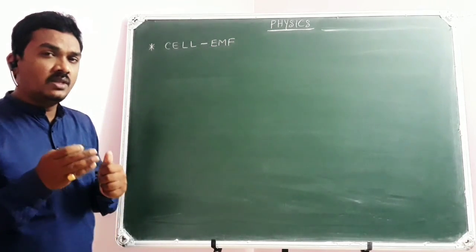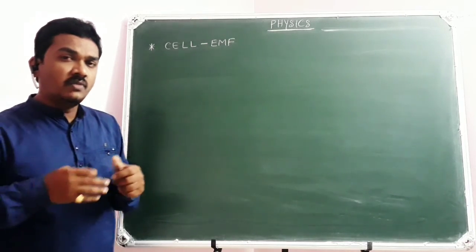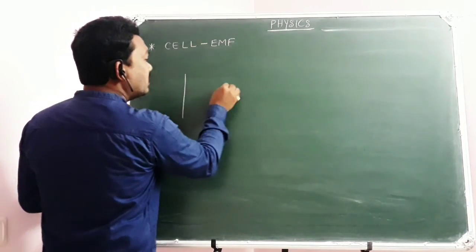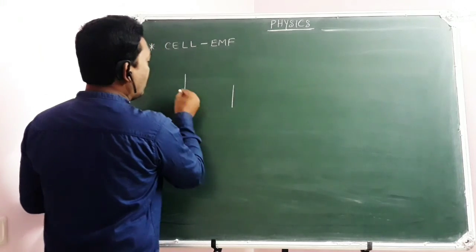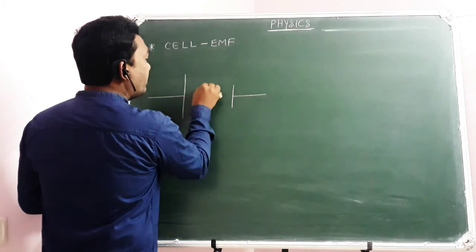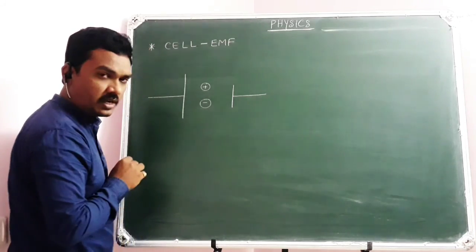You know, while dealing with the functioning of a cell, within the electrolyte, there will be both positively charged ions and negatively charged ions. There will be a combination of positively charged ions and negatively charged ions.